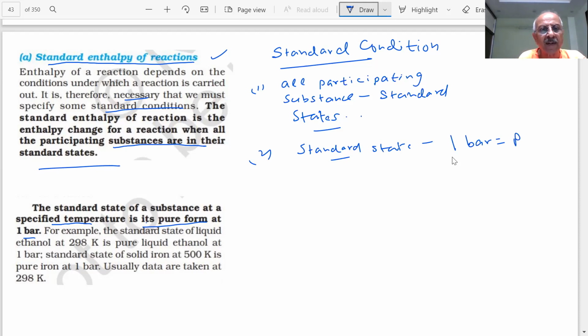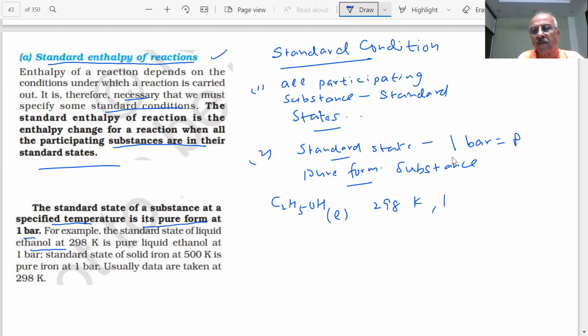And it is a pure form of that at 1 bar. For example, if I take liquid ethanol, C2H5OH, I'm putting L. L means the liquid ethanol. Then at 298 Kelvin and 1 bar pressure, it is a pure liquid, students.